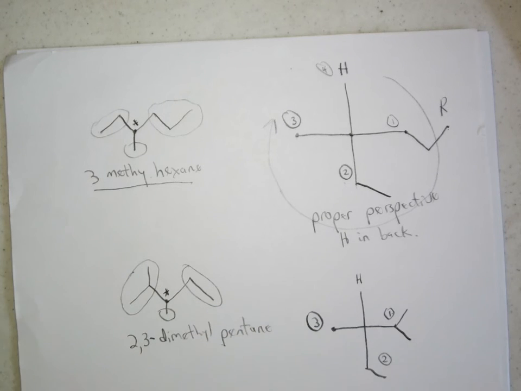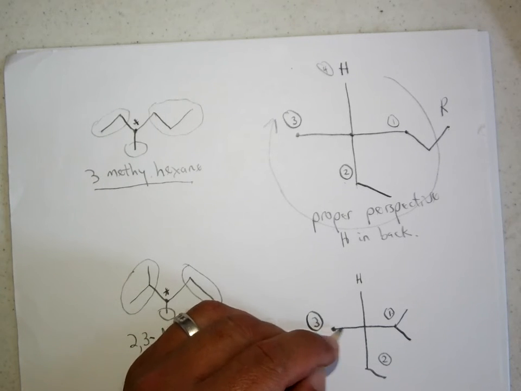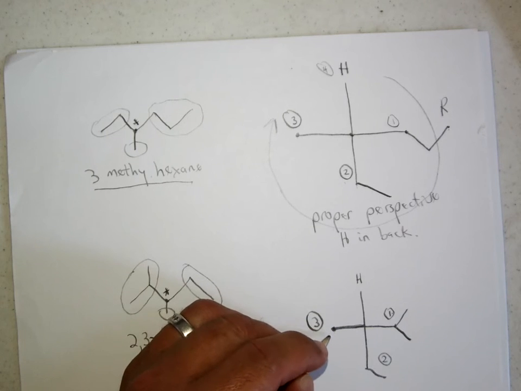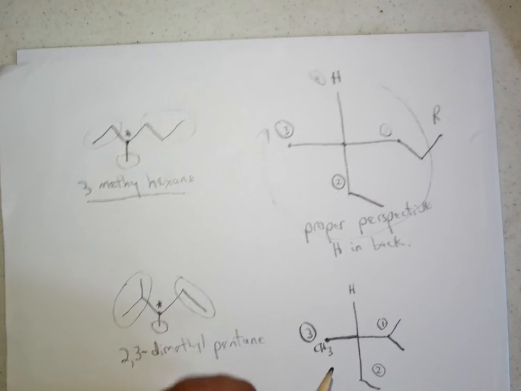And I'm sort of drawing these as pseudo-skeletal structure Fischer projections. Other people might want to see, like, rather than just leaving this as an end of a skeletal structure, they would probably want this to be written out as CH3 for the methyl there.